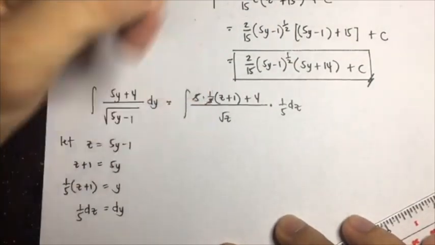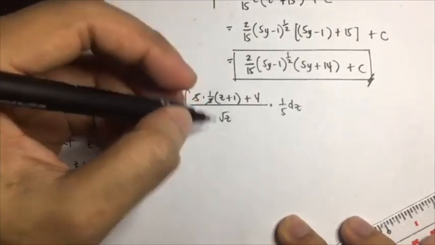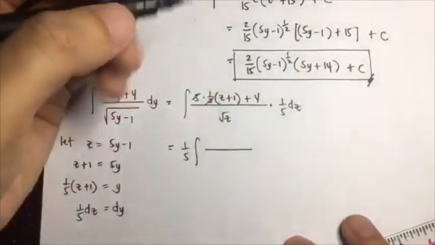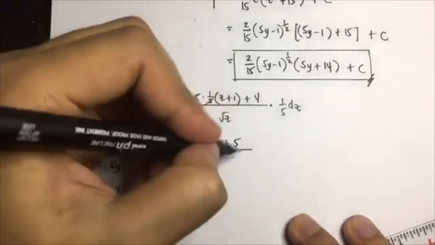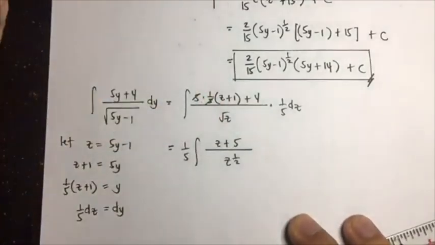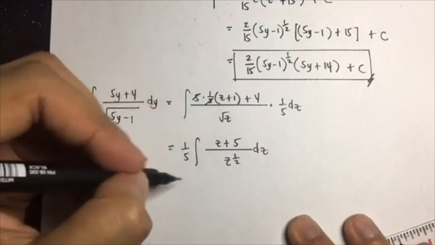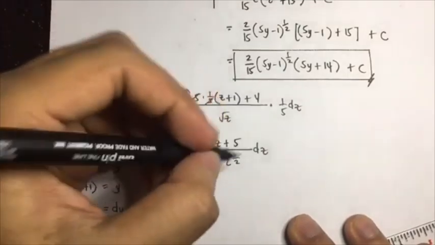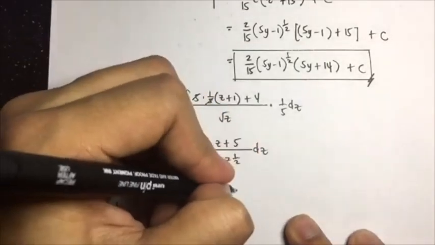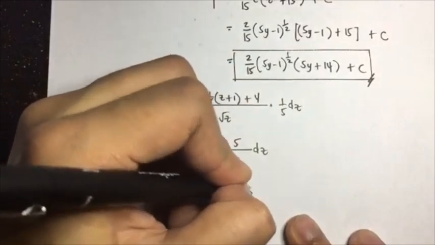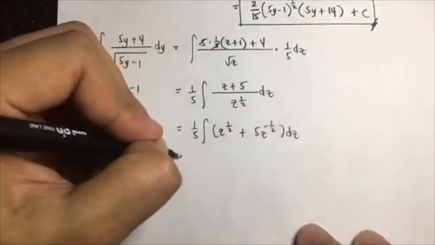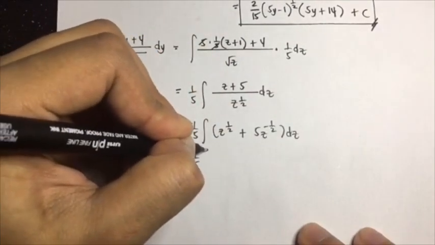We can cancel the 5 here, and we will be left with 1/5 integral of z plus 5 over the square root of z, which is z raised to 1/2, dz. Distributing, this becomes 1/5 integral of z divided by z raised to 1/2, that is z raised to 1/2, plus 5 divided by z raised to 1/2, that is 5z raised to negative 1/2, dz.